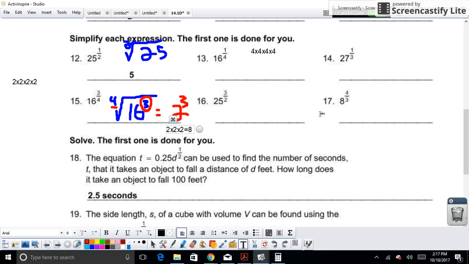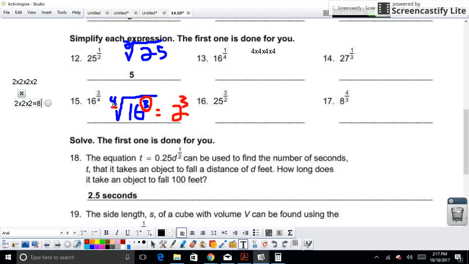So you can do 16 and 17 the same way. I would suggest you do all of these the way I did number 15, only because you're going to have smaller numbers. So write it out with your radical first, then take care of this outside exponent.